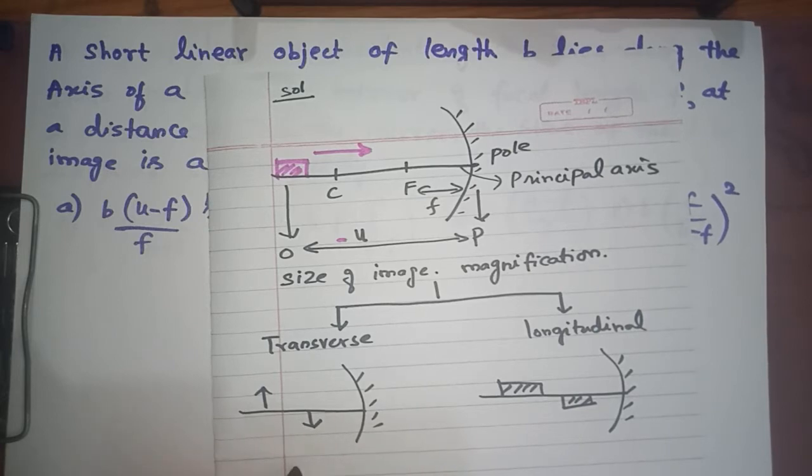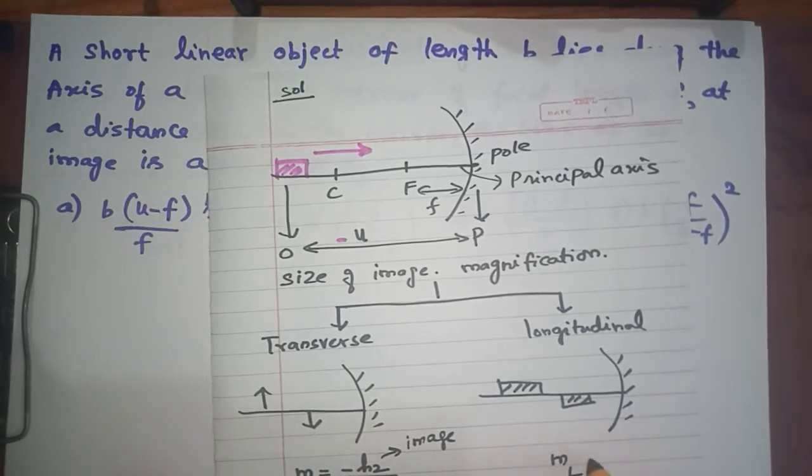By this time you should know the lateral magnification formula in terms of u and f. The magnification is given as m equal to minus h2 by h1, which is the height of the image to the height of the object.